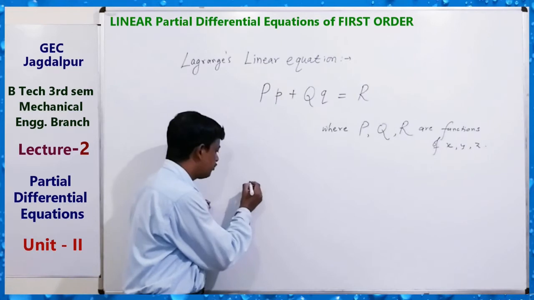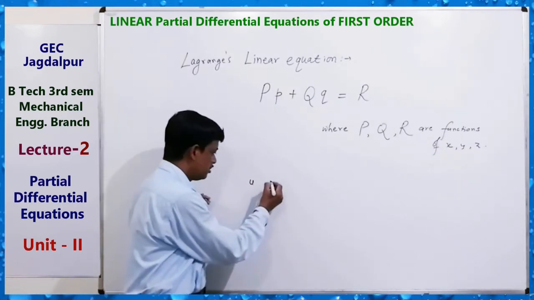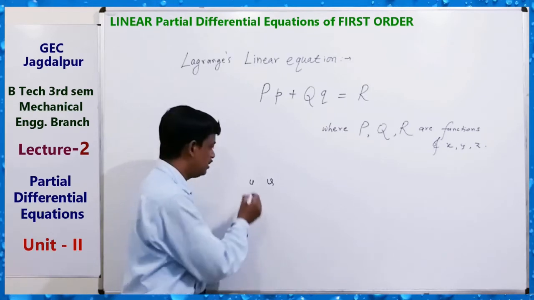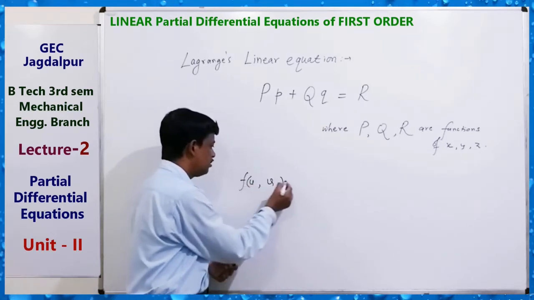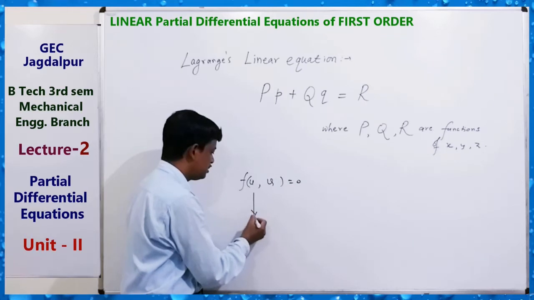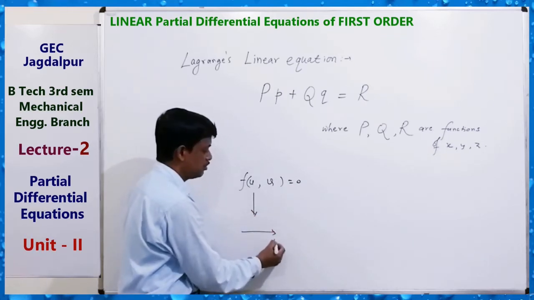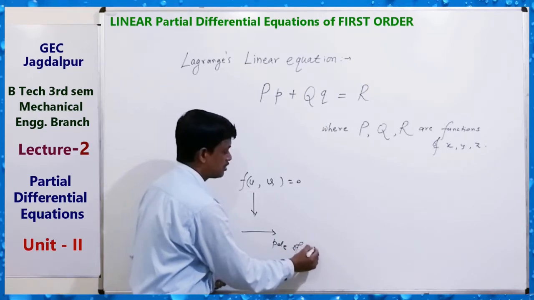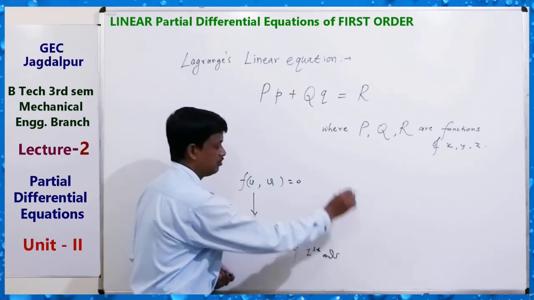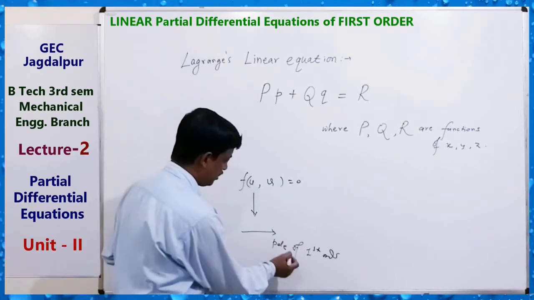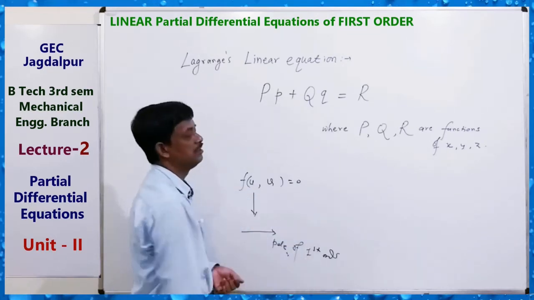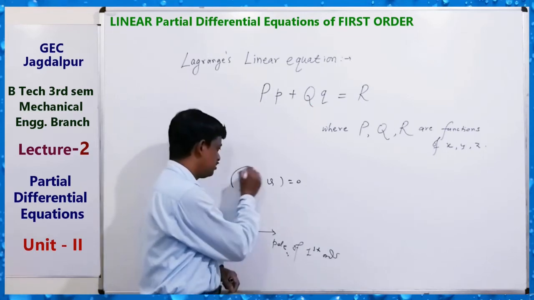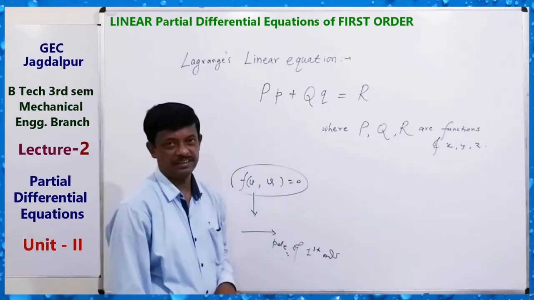Whenever u and v are functions of x, y, z, and these are connected by some relation, then from this relation we can get a partial differential equation of first order. This equation is of this type. So this is the solution for that.